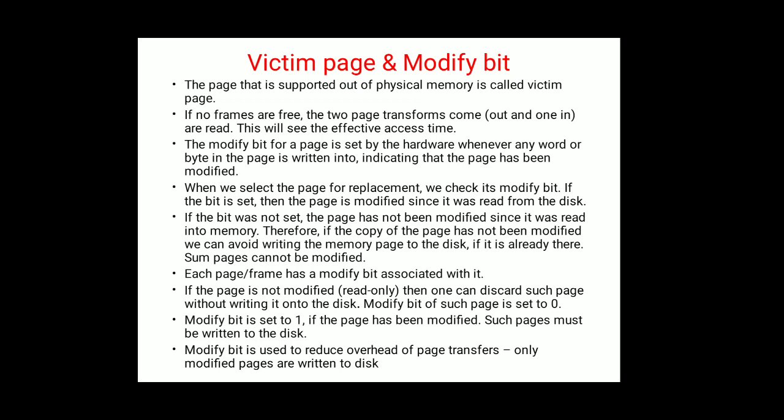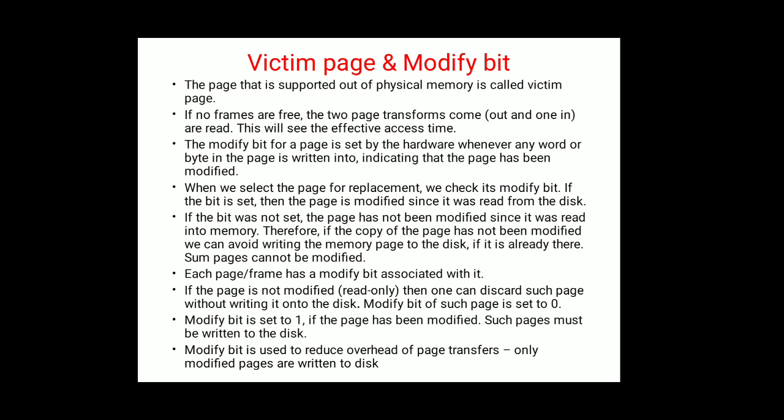In order to reduce the number of page faults, the number of frames must be more. As I said, if the modify bit is set to 1, then the page has been modified and such a page must be written back to the disk.